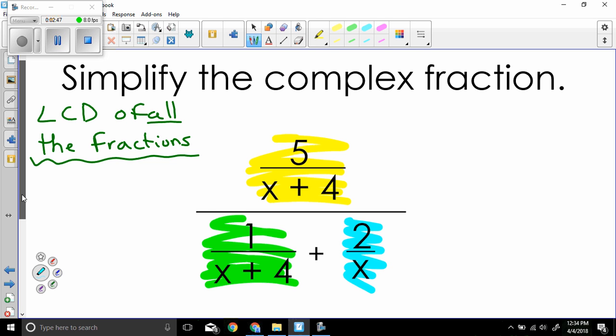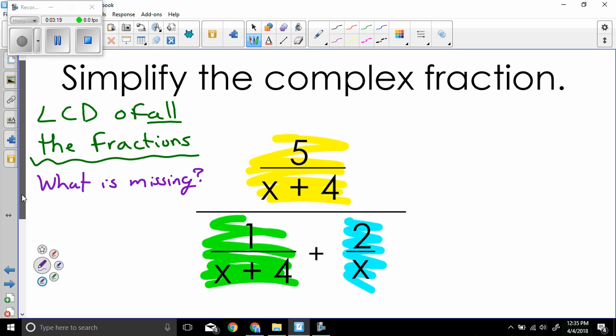And as I'm going through the LCD, I'm asking myself, what is missing? If I look at my very first, my yellow one right there is an x plus 4. If I look down at green, oh, x plus 4 is there. The yellow is not missing anything that the green has. But the yellow is missing the x.